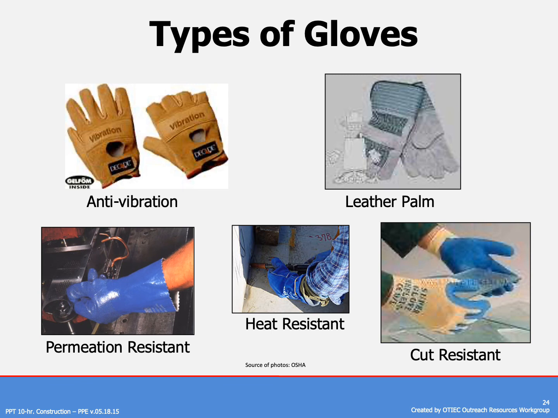Heat resistant, cut resistant, many different types of gloves, for example. Find the right glove that fits you, that's for the hazard. And then make sure that glove is not just proper and fits, but that it's in good condition to wear. And if it's not, get another pair before you're exposed to the hazard.